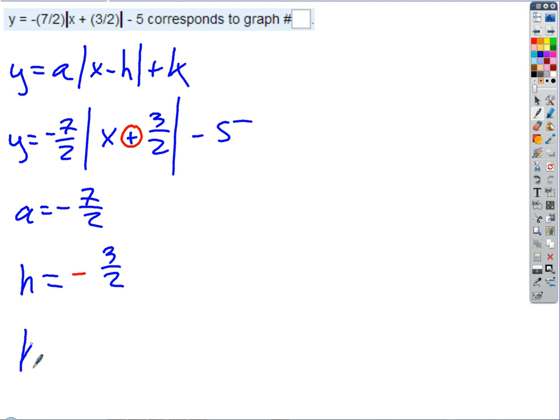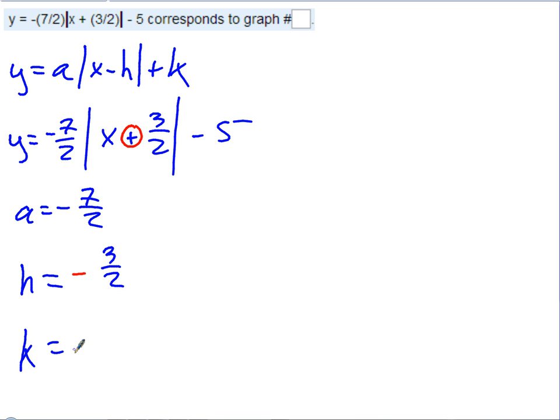And finally, what's K? Negative 5. So this tells us the vertex is located at negative 1.5, negative 5. And the slope of the right side is going to be a steep negative slope. So the V is pointing down and it's a steep V.